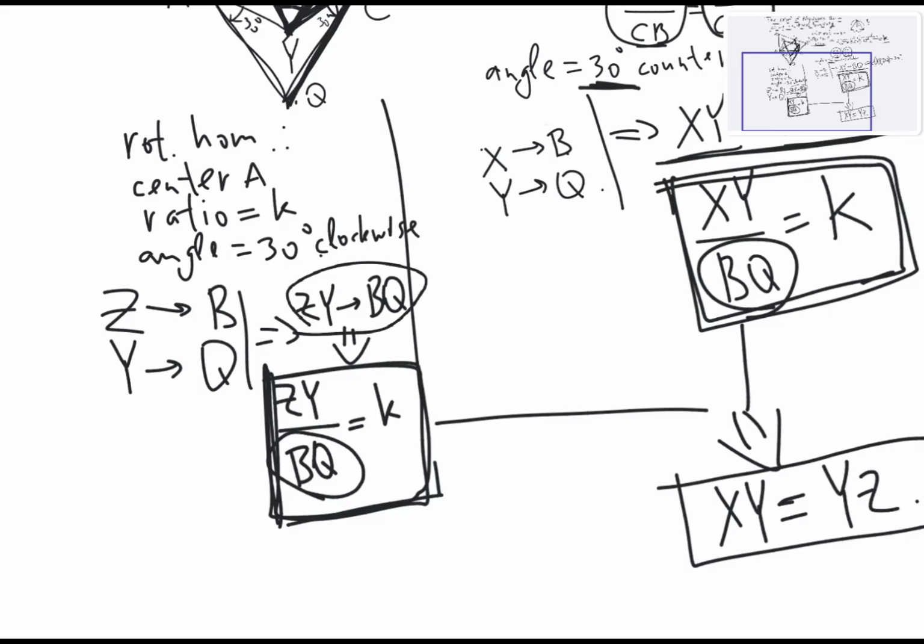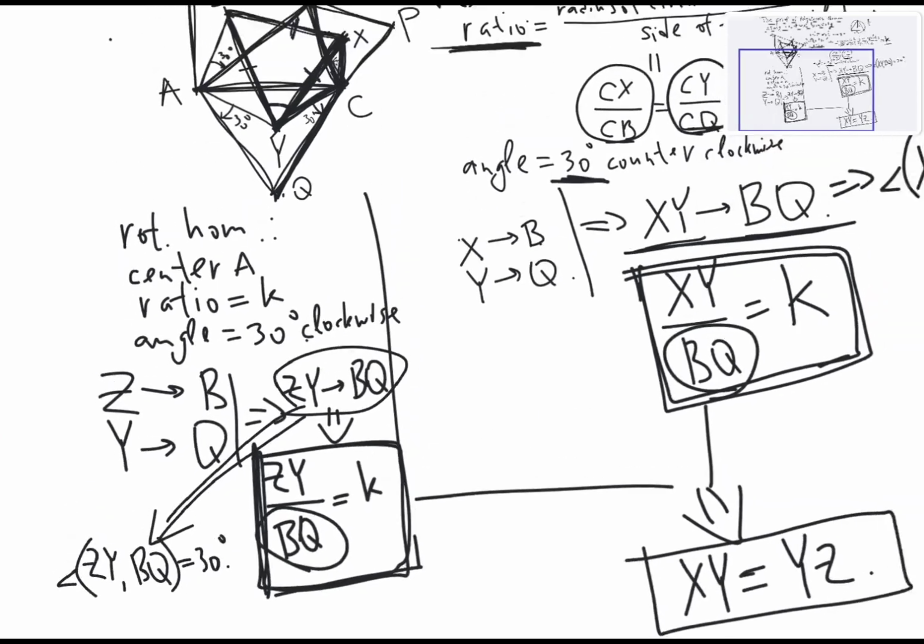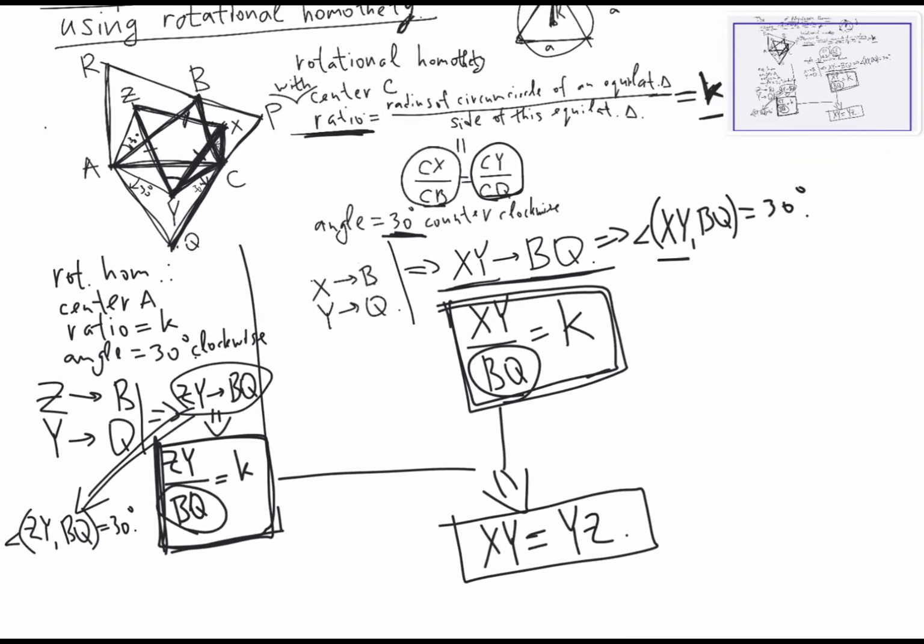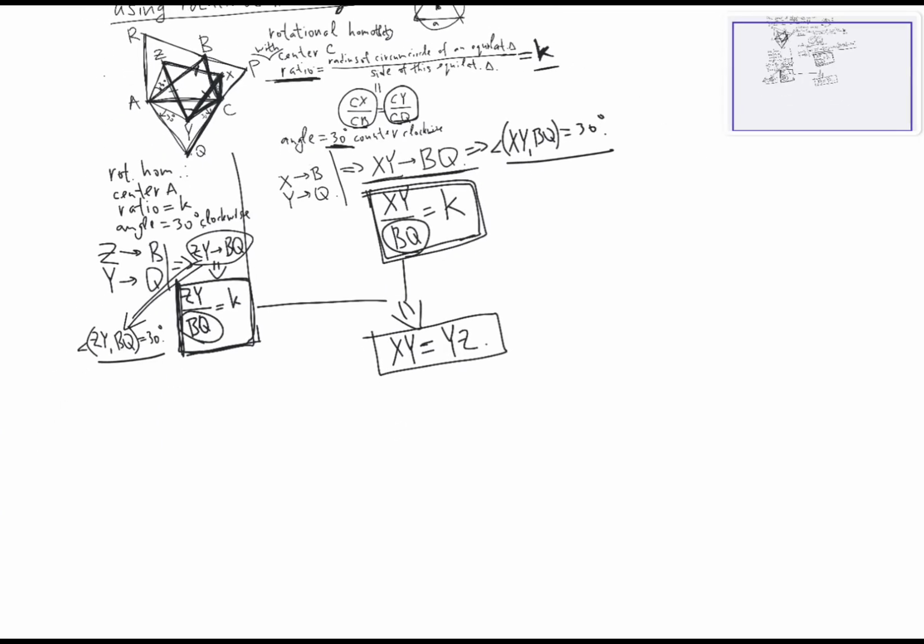So from this it follows that the angle between ZY and BQ is equal to 30 degrees.